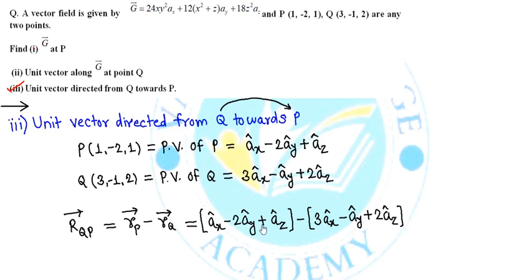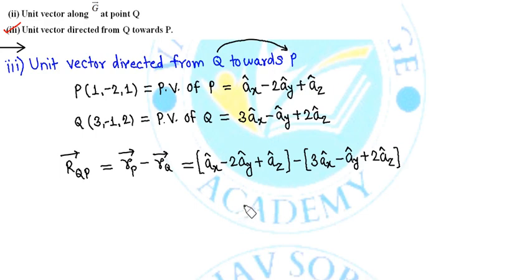If you perform some mathematical operations, you will find 1 minus 3 will be minus 2 ax cap; minus 2 minus of plus 1 will be minus ay cap; and plus 1 minus plus 2 will be again minus az cap. So this is your distance vector RQP, which is directed from point Q towards point P.